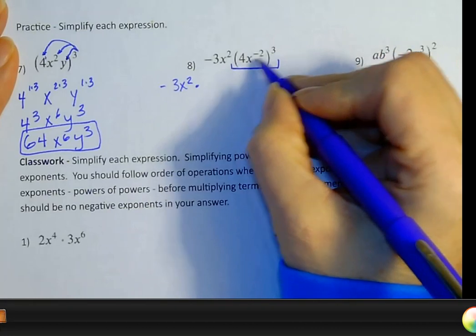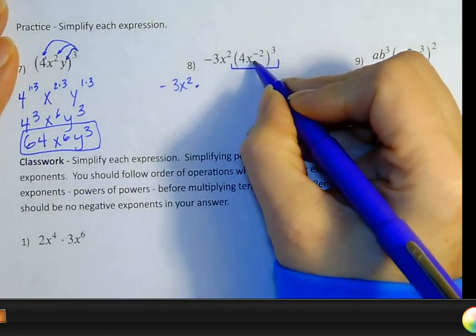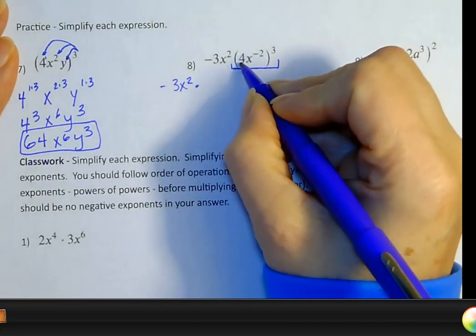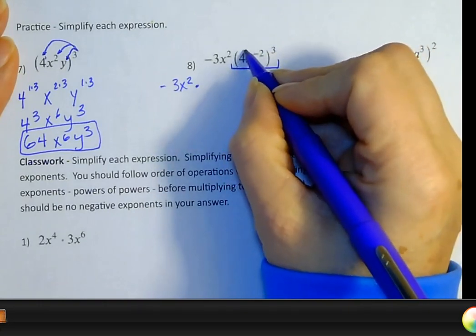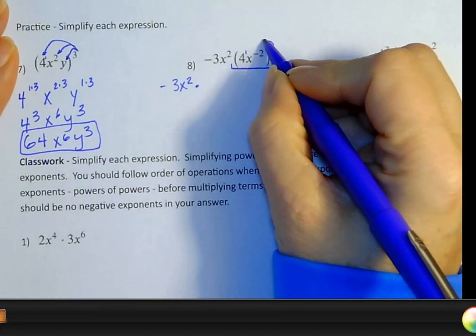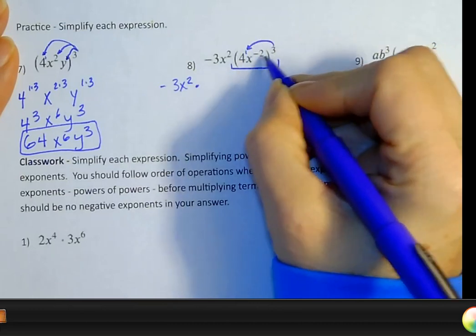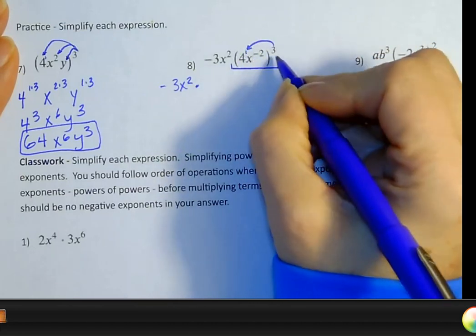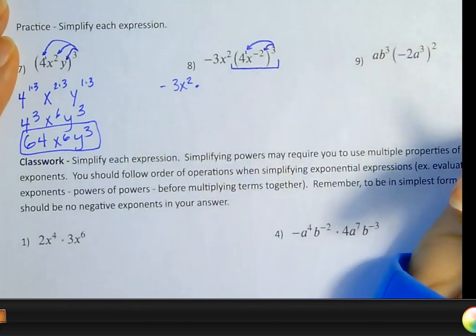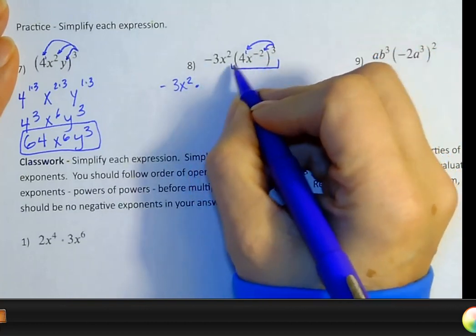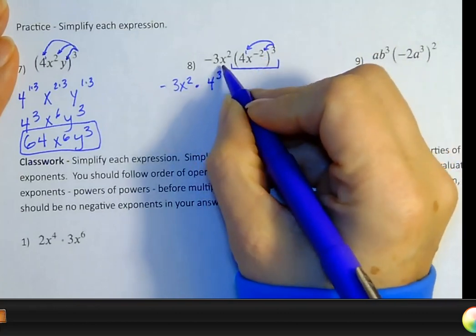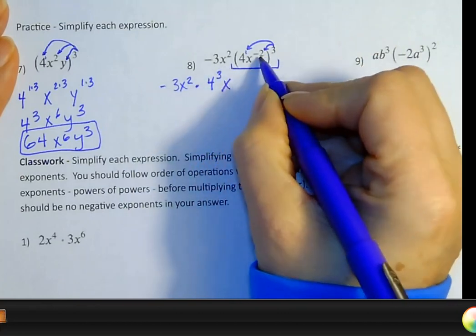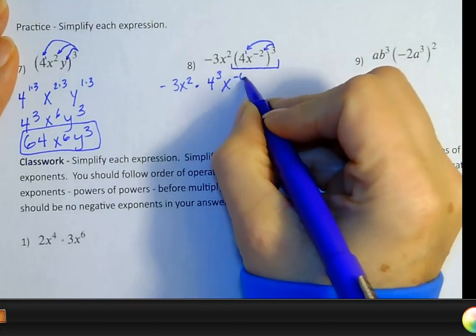This 3 gets multiplied times the exponent for each of the factors. So I have 4 times x to the negative 2. This is 4 to the positive 1. So I'm going to distribute my 3 exponent to the exponent on my 4 and the exponent on my x. Okay, so I have 4 to the 1 times 3, that's 4 to the third, times x to the negative 2 times 3, so that's negative 6.